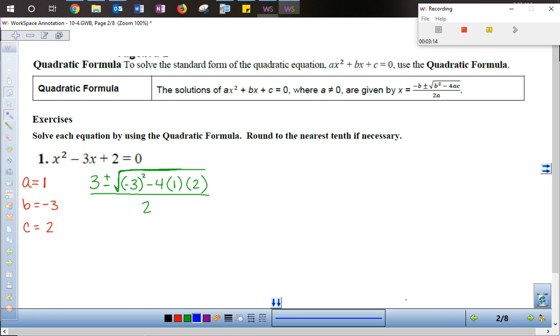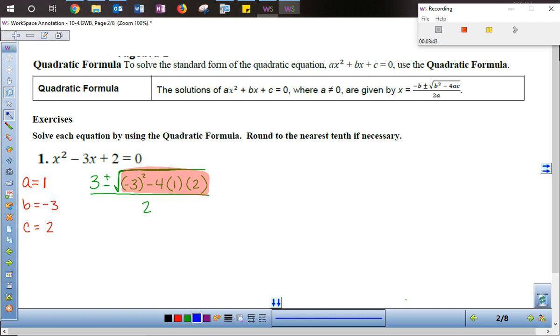Now we're going to work on solving. The first thing, according to the order of operations, is grouping. And remember, a fraction bar is a grouping symbol, so I want to handle my numerator first. In my numerator, a radical is also grouping, so I want to handle everything underneath the radical first. Everything under the radical is actually going to give me a number called the discriminant. The discriminant is whatever number ends up under the radical.